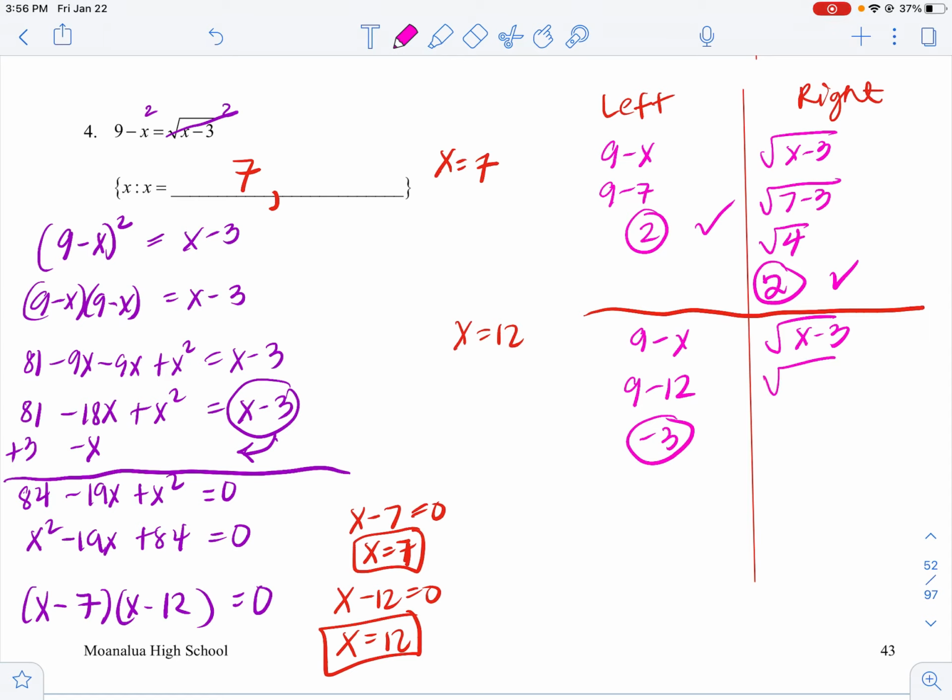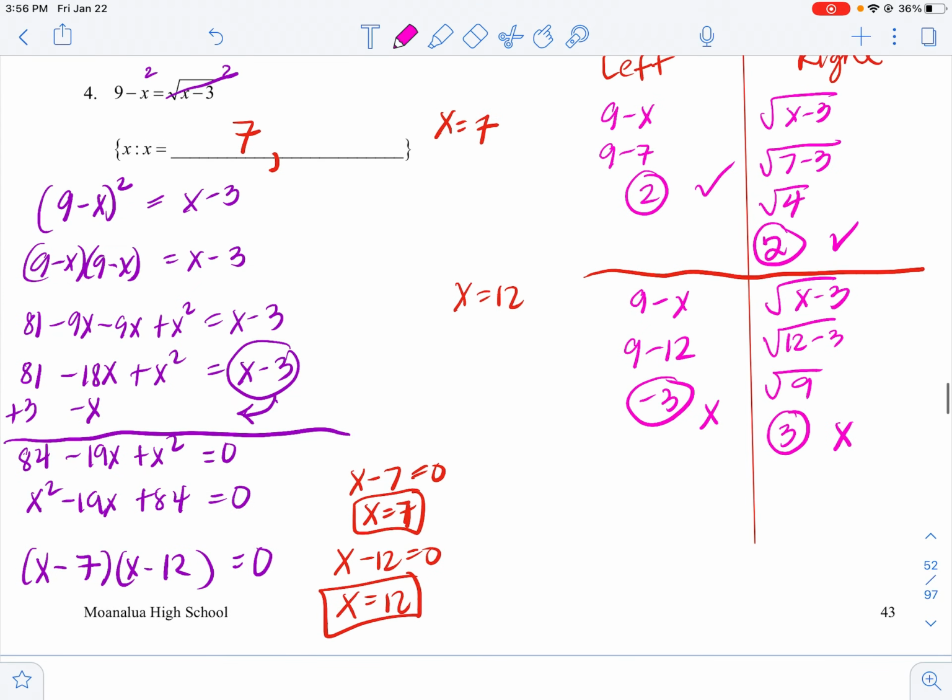And then we have 12 minus 3, which is a positive 9. And then, of course, the square root of 9 is a 3. And they are not equal to each other, right? So 12 is not going to work.